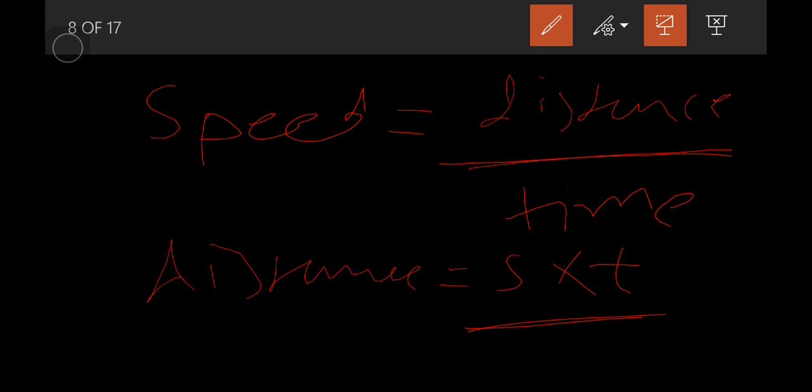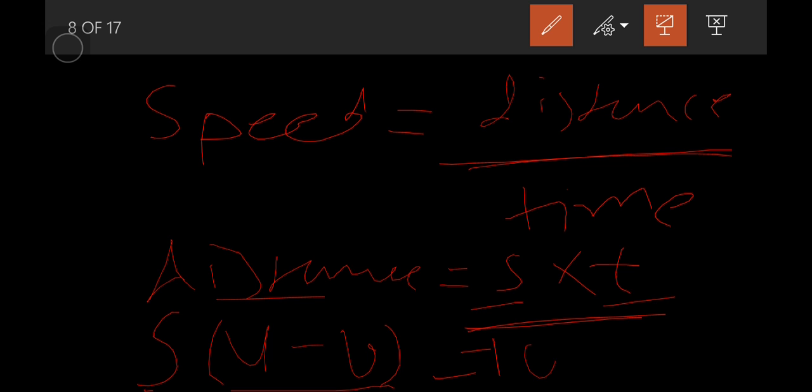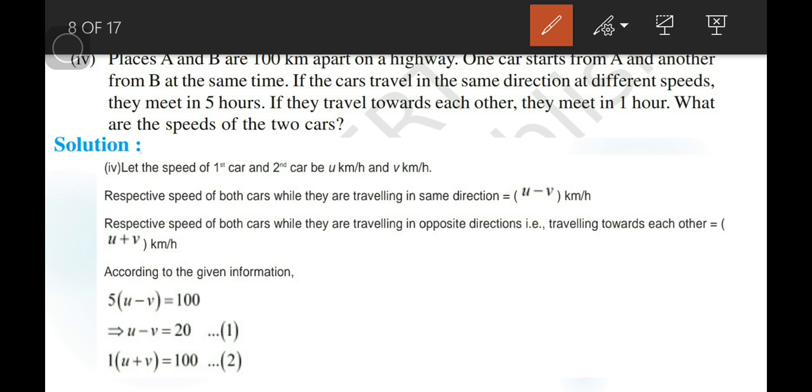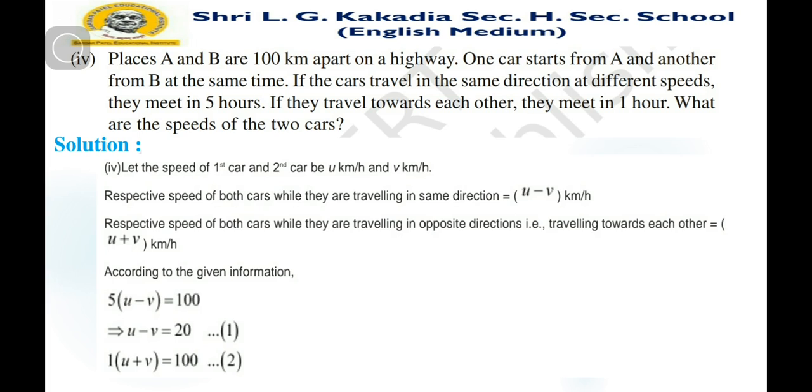For the first situation, when they run in the same direction, u minus v into 5 hours, that is speed and time, is equal to distance 100, equation number 1. So we get 5 into u minus v is equal to 100, equation number 1, and 1 into u plus v is equal to 100, equation number 2. So we get equations 1 and 2 in two variables u and v.